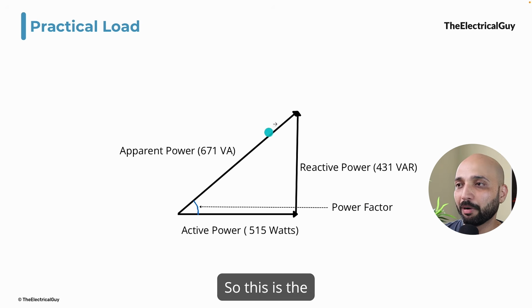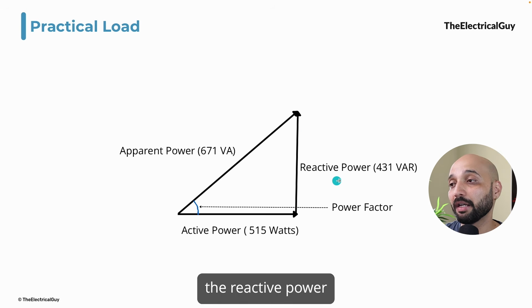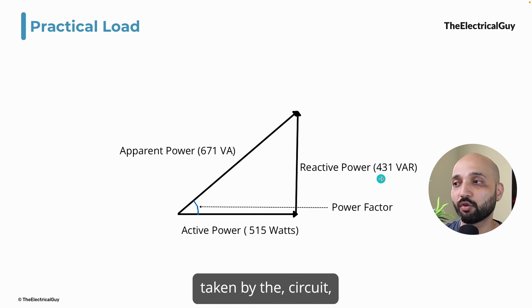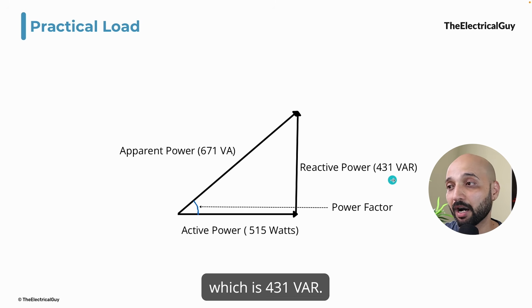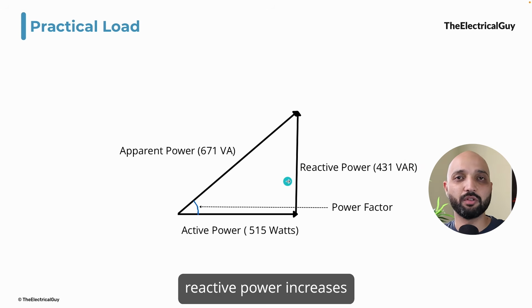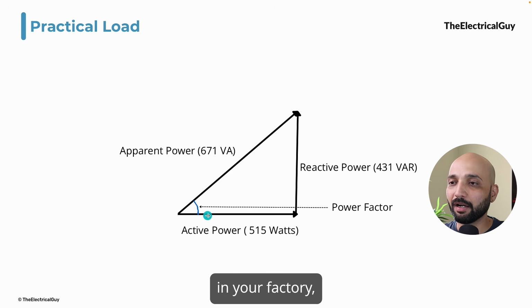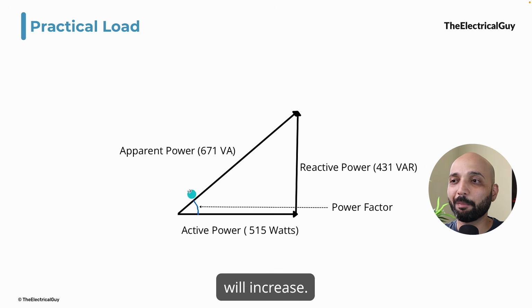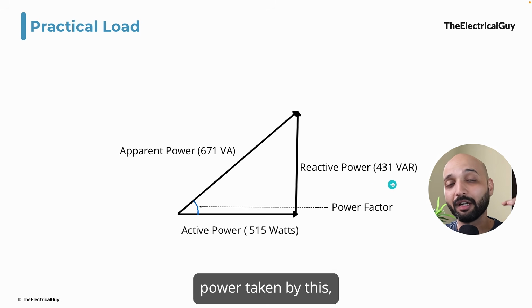So this is the apparent power, and this straight line indicates the reactive power taken by the circuit, which is 431 VAR. Now, if the reactive power increases in your circuit, in your factory, this angle will increase and the apparent power taken by this factory will also increase, right?